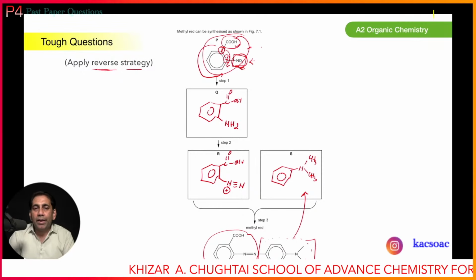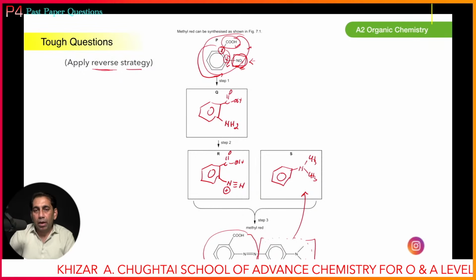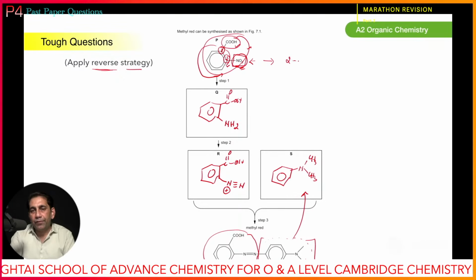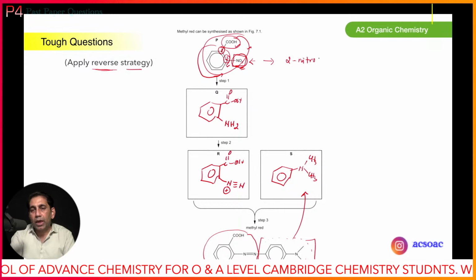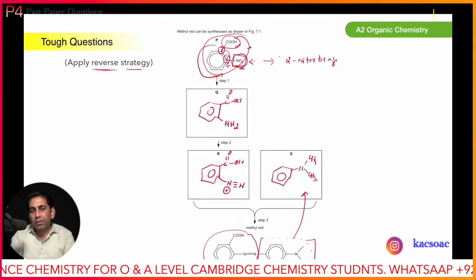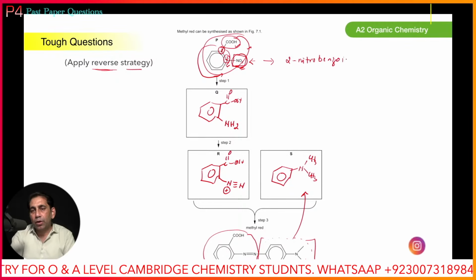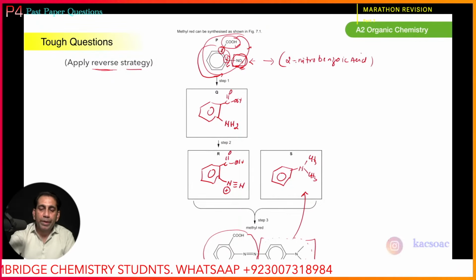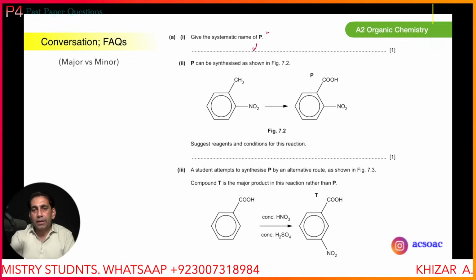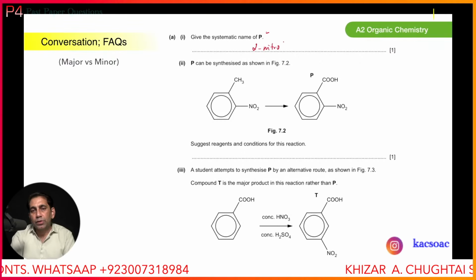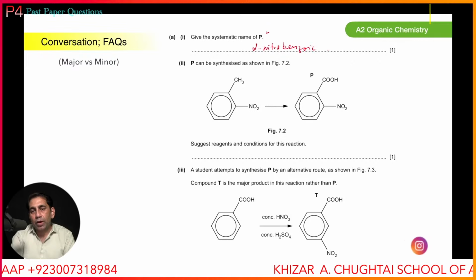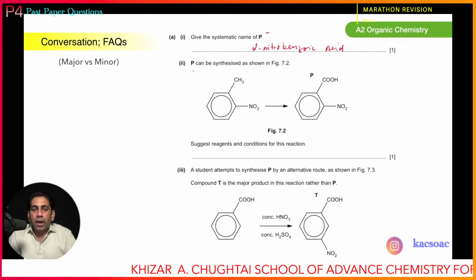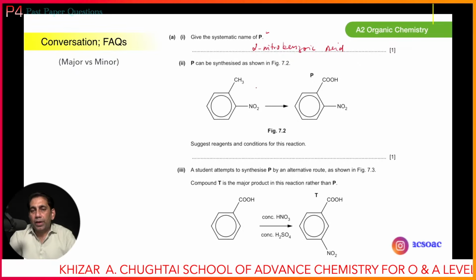Its name will be written with the benzene ring, as I told you in my previous lecture. So 2-nitro benz, benz meaning benzene ring, and for acid, oic acid. So the name is 2-nitrobenzoic acid. Once again, 2-nitrobenzoic acid.